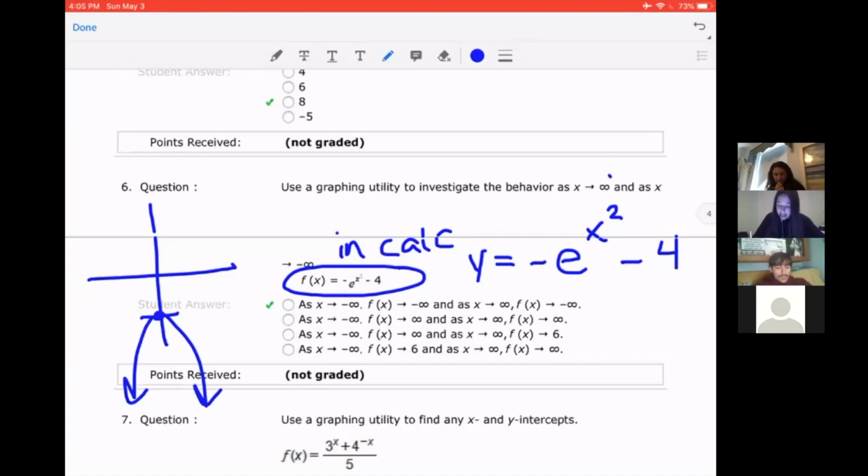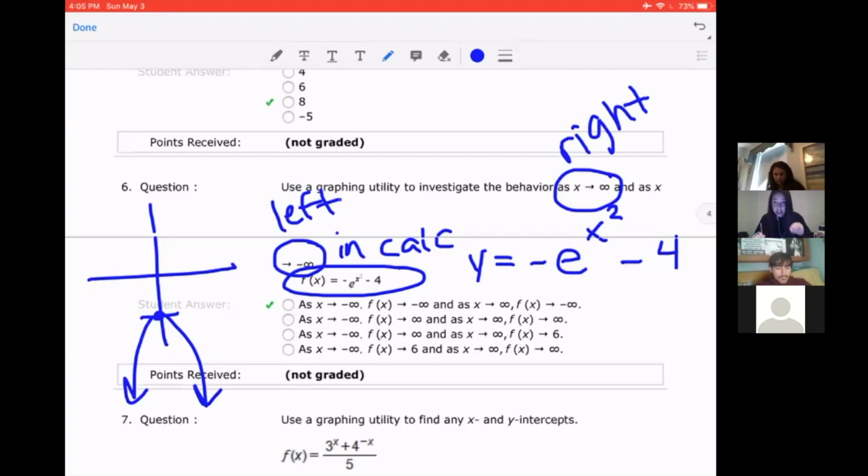Now, as x goes to infinity, just means that we're going to the right. As x goes to negative infinity, just means that we're going to the left. So basically, you're wanting to tell me, what does the graph do as it goes right? What does the graph do as it goes left? Looking over here on the right, what is the graph doing?